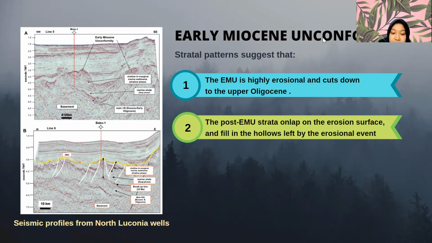Below TD at Baker 1 would represent a deep marine shale equivalent to that in Mulu 1. This truncation pattern suggests that the EMU is highly erosional and cuts down to the upper Oligocene, with hundreds of meters of missing section. And second, the post-EMU strata lie on the erosion surface and fill the hollows left by the erosional event.